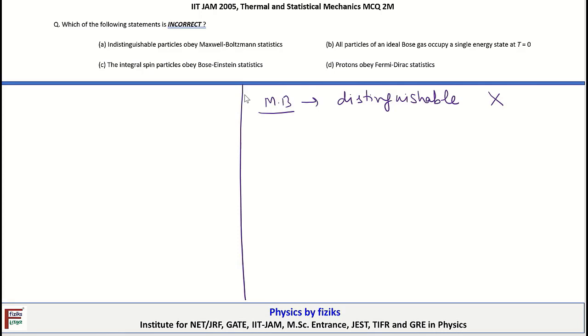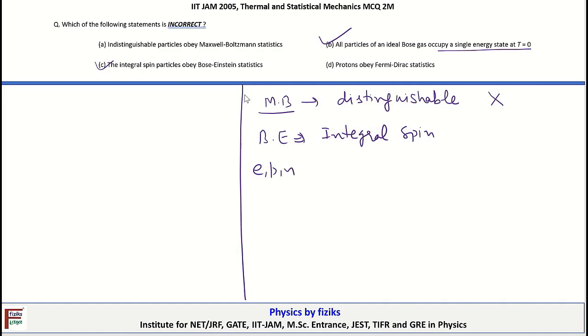Option B: all the particles of an ideal Bose gas occupy a single energy state at absolute 0. Yes, that's true. The integral spin particles obey the Bose-Einstein statistics. Yes, that's also true, because the Bose-Einstein statistics is obeyed by particles having integral spin. And protons obey the Fermi-Dirac statistics. Yes, that's true.